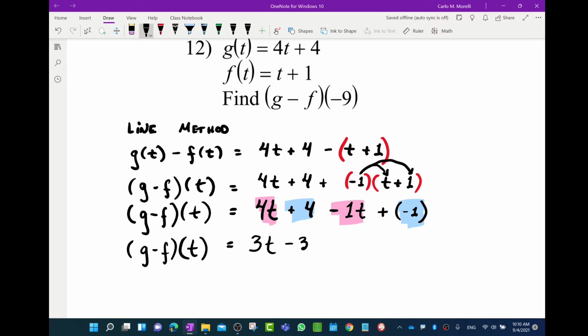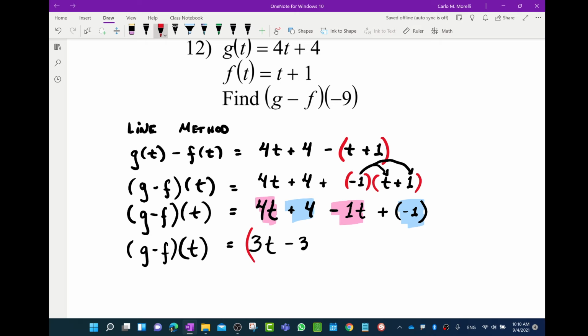Now, I see something that we can do, and you can only see this if you first find the difference of the two functions of t and not of the number. Okay? I see something that we can factor out.